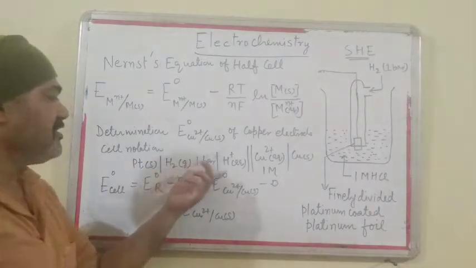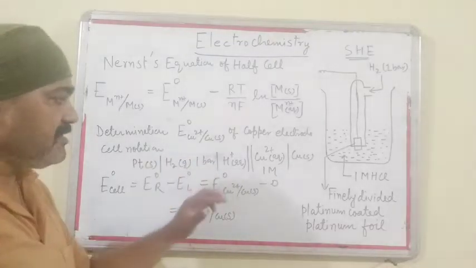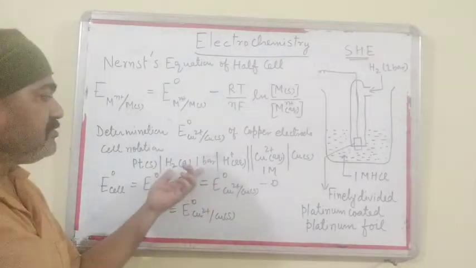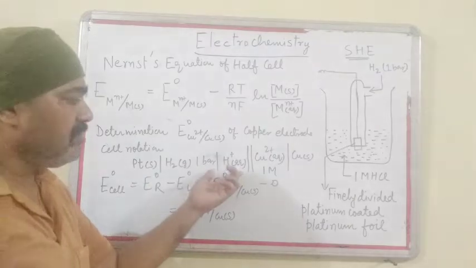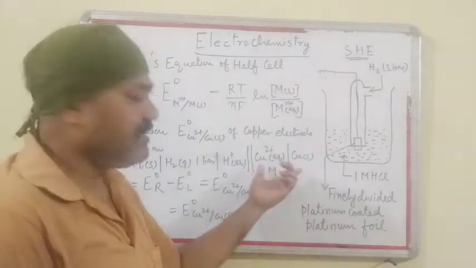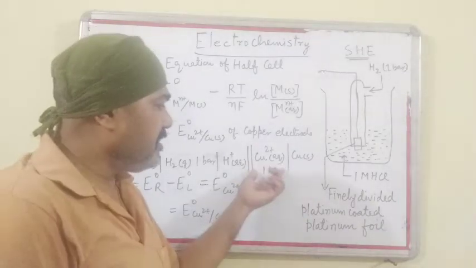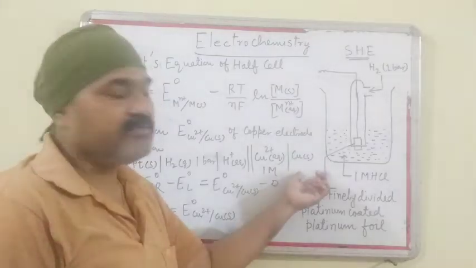And the same thing is here. On the left hand side the oxidation takes place, so reduced state to oxidized state, and the right hand side is the cathode, where the reduction takes place, so oxidized state to reduced state.